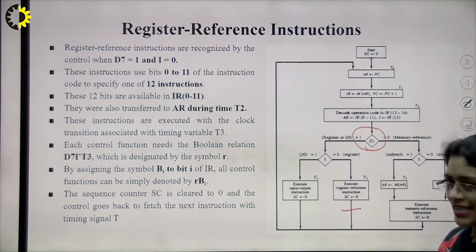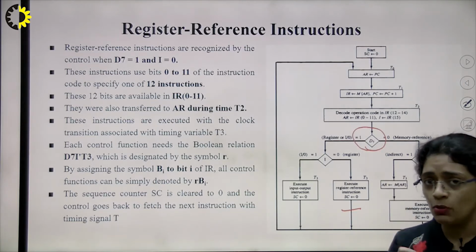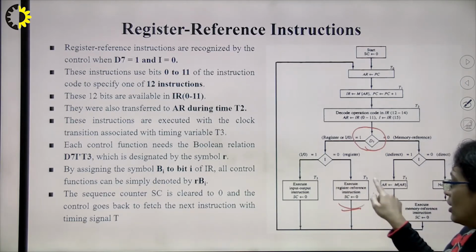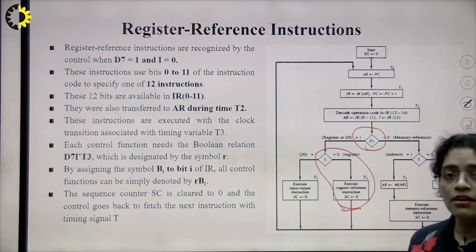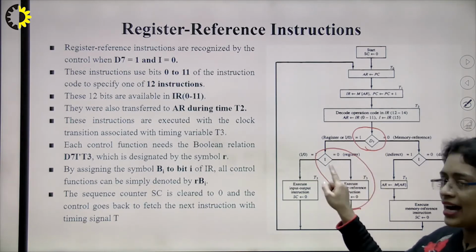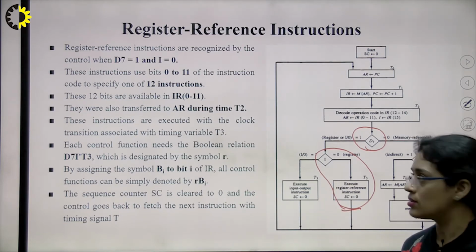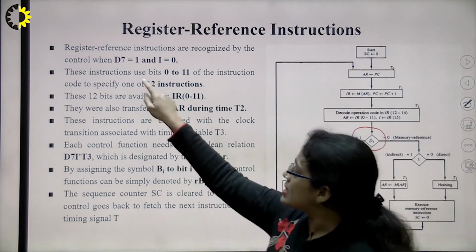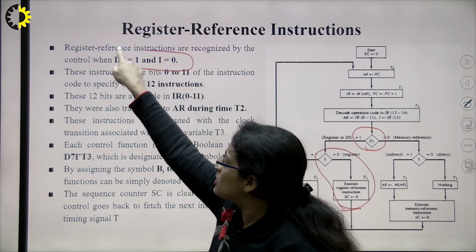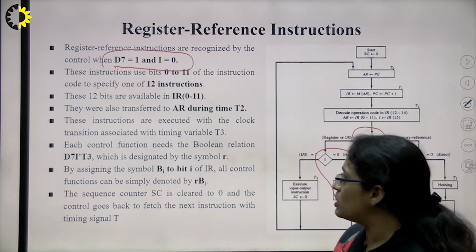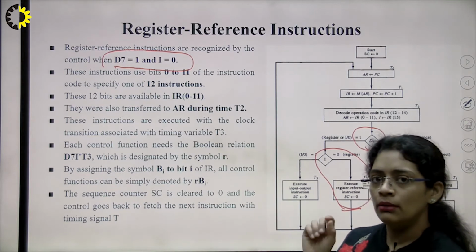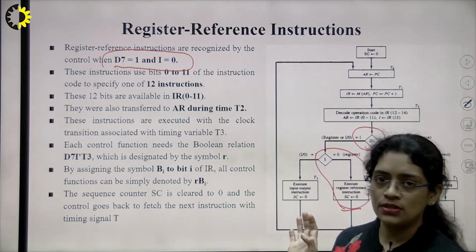The value of D7 should be 1 and the value of I should be 0. So we got D7I', that's the condition for a register reference instruction. D7 should be 1 and I should be 0. Now this says that this is a register reference instruction.